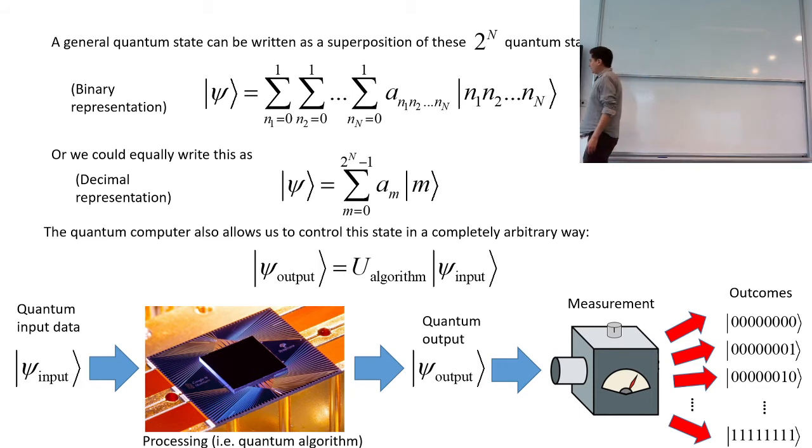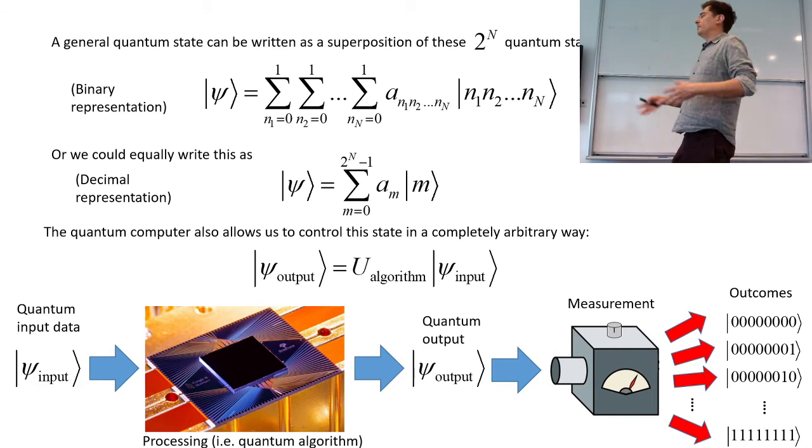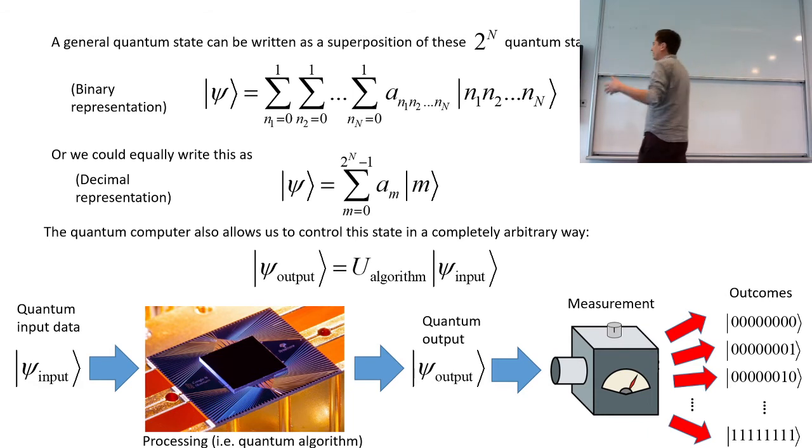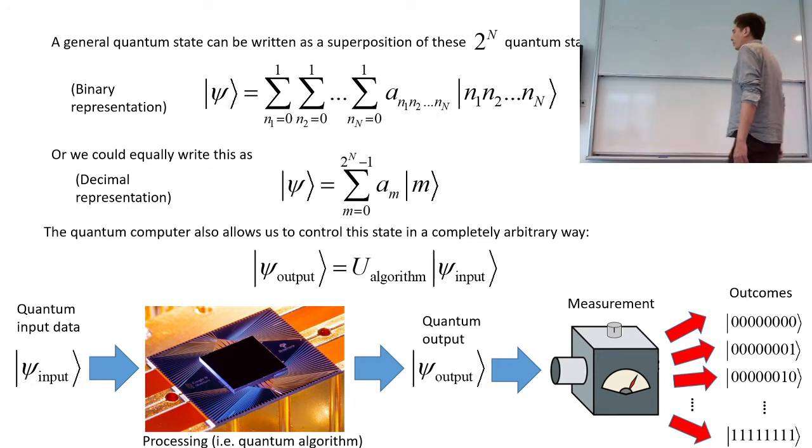So any quantum algorithm is more or less that. Of course, it's all about the algorithm. In fact, any classical algorithm is also something like this. You've got your input data, the computer does some number crunching, or some algorithm, and you've got some final output, which is the thing that you wanted. Normally we don't think about measurement so much because we take it for granted, but quantumly we need to think a little bit more about the measurement.